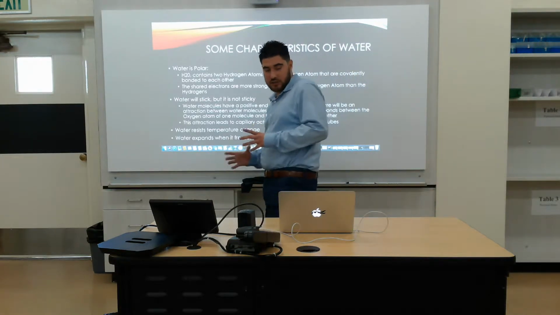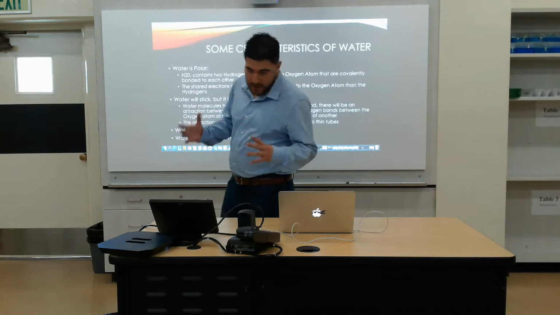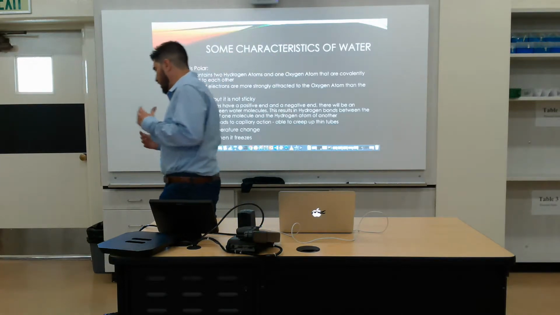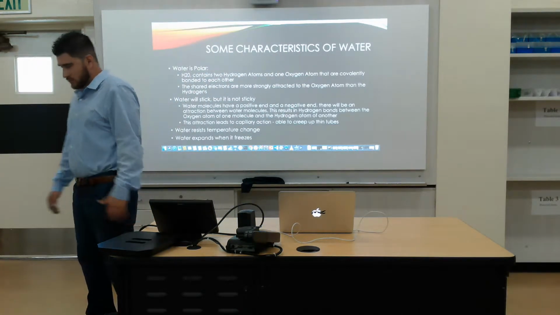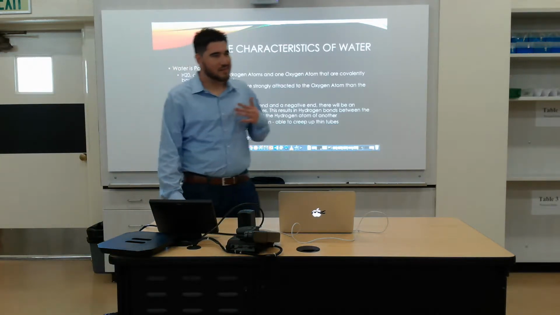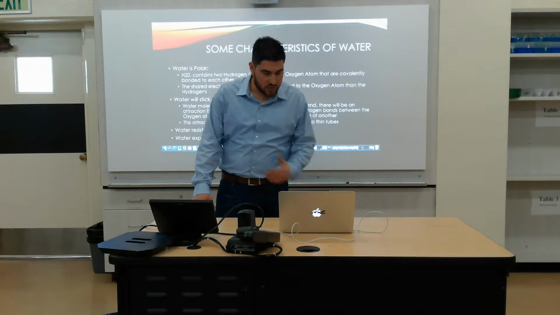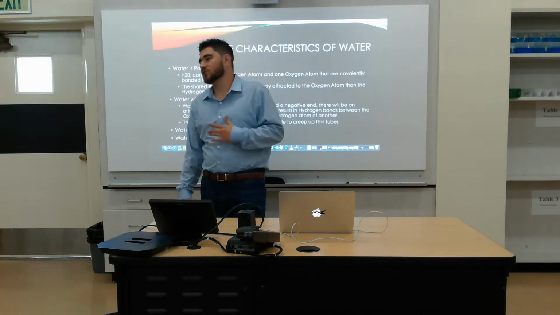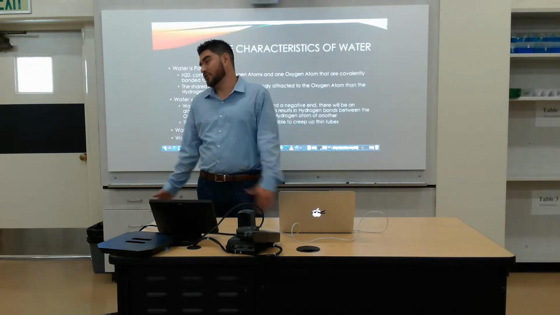Because oxygen is a bigger atom and more positive than hydrogen, the electrons want to hang around the oxygen atom more than they hang around the 2 hydrogen atoms attached to it.